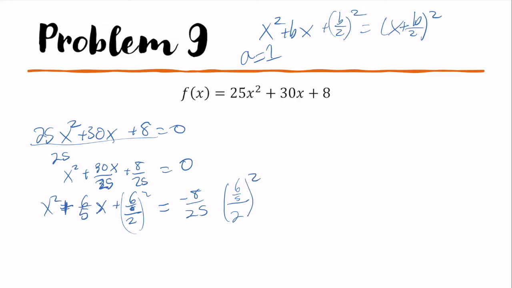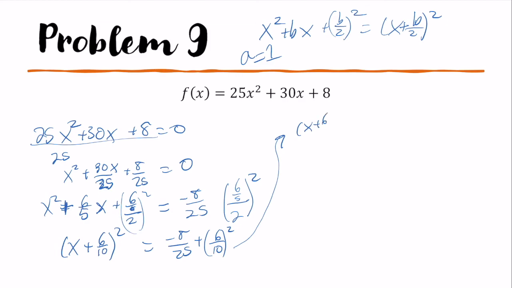So we can take this a step at a time. 6/5 divided by 2, that will give you 6/10. So my left-hand side simplifies to x plus 6/10 squared. That equals negative 8/25 plus 6/10 squared.